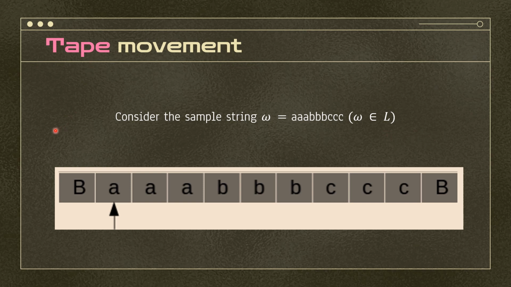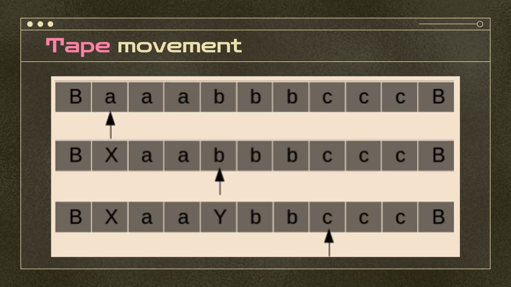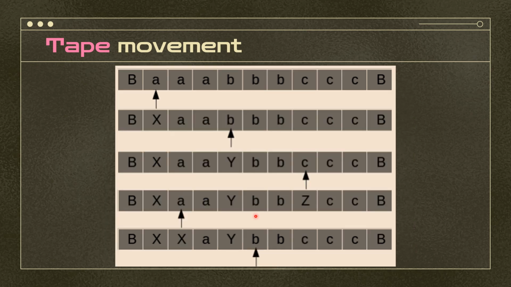Let's start with the tape movement of the linear bounded automata. Initially, the tape head points to the first symbol of the input string, that is, towards A. We'll mark A as X and move one step right and reach the unmarked B by passing every A on the way to B. Then we'll mark B as Y and move one step right and reach the unmarked C by passing every B on the way to C. Now C is marked as Z and we move one step towards the left because now we have to repeat the process.